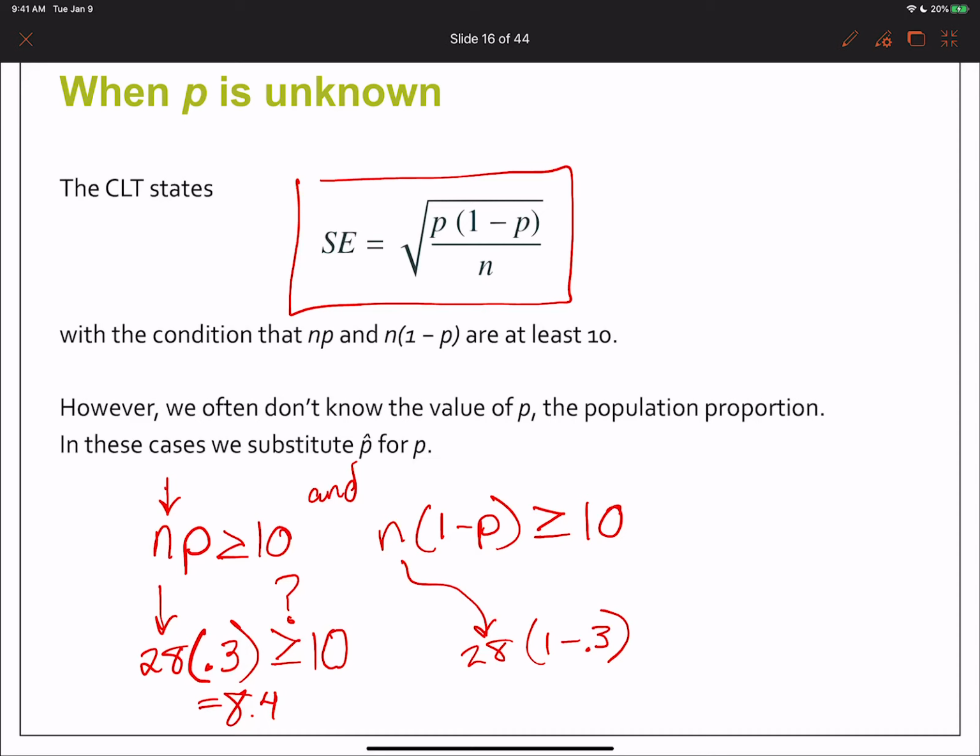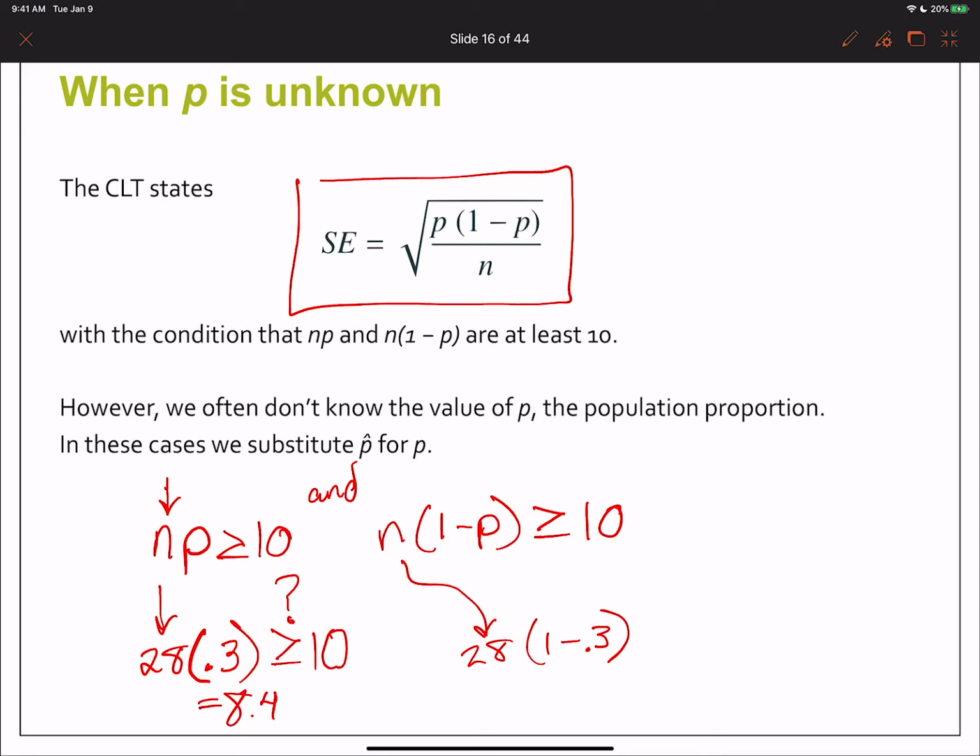So in the first side, when we just had 0.3, that was because 30% of us like the color red. But on this side, we have 1 minus 0.3. What is that? Is that the margin of error? No.